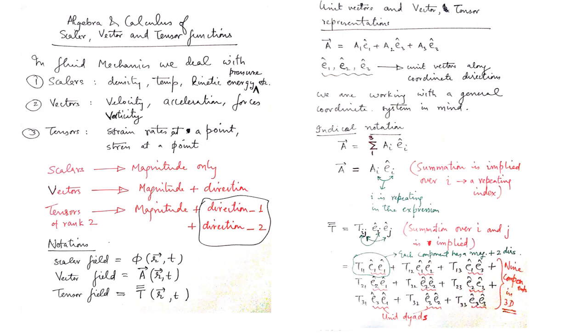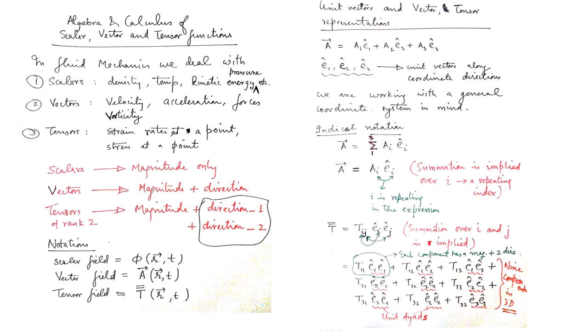Now the information of magnitude and direction is very clear. Magnitude is represented by a_i and the direction by the unit vector e_i cap. Now when you come to tensors, you have to represent three pieces of information, right?